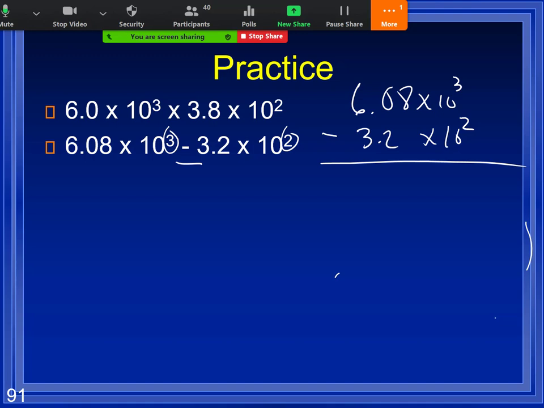So the small one's the 2. I'm going to change that into a 3. Now, since I changed that into a 3, I made the exponent 1 bigger, so I need to make the number smaller by moving the decimal point, and that gets me 0.32.